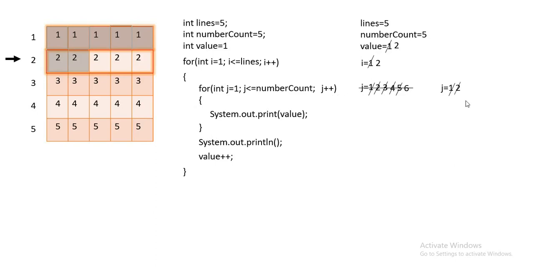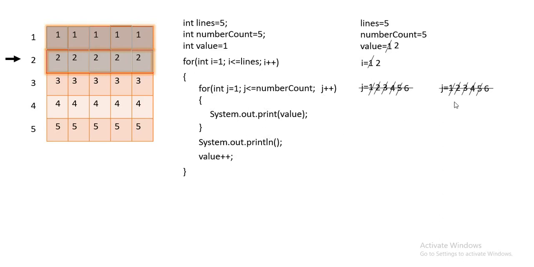Then j becomes 3. 3 less than or equal to 5. Print 2. Then j becomes 4. 4 less than or equal to 5. So again print 2. Then j becomes 5. 5 less than or equal to 5. Again print 2. Then j becomes 6. But 6 is not less than or equal to 5.